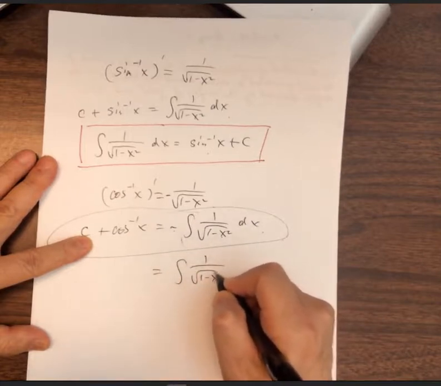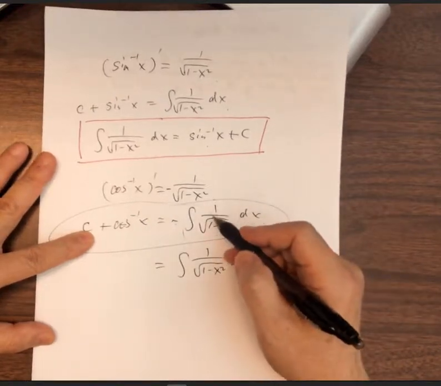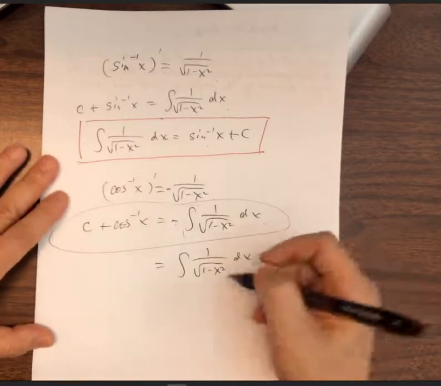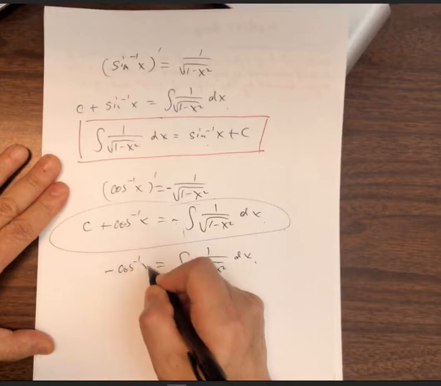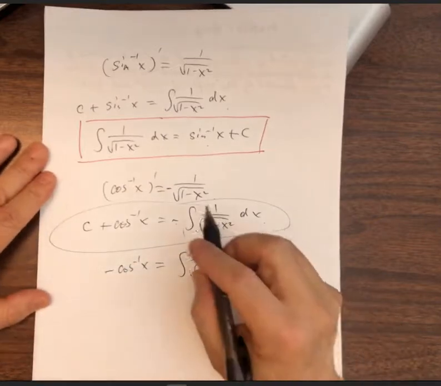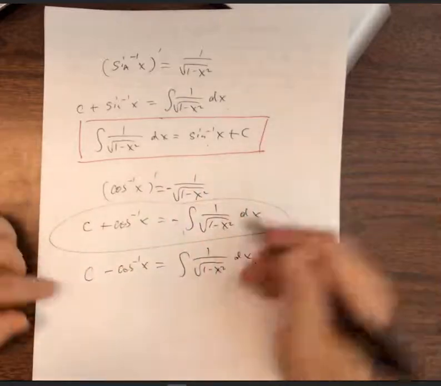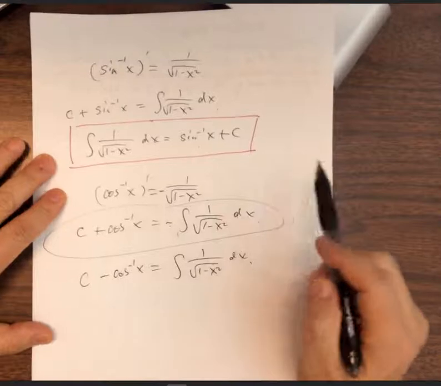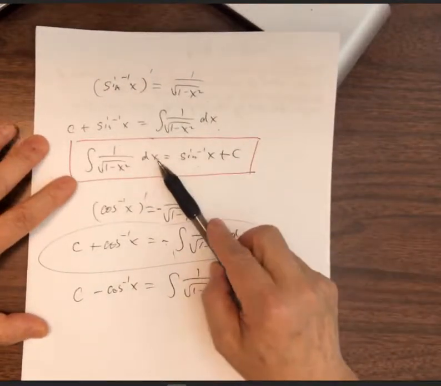If you really want to say something, you say integral of 1 over square root 1 minus x squared dx equals negative inverse cosine with a constant, which is an arbitrary constant. You don't need to put the plus c there. So you can see here from derivative inverse sine, we end up with the formula.